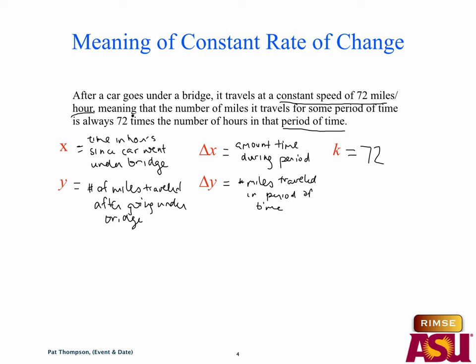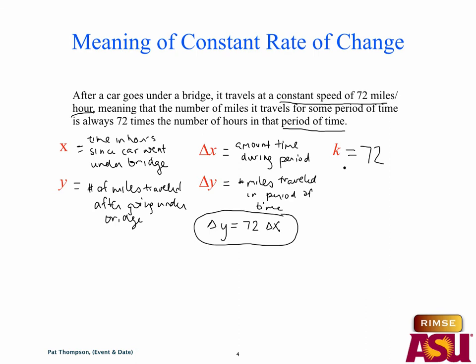So what this whole sentence is really saying is that the number of miles traveled in some period of time is 72 times the amount of hours you travel in that period of time. So this is our handy dandy go-to formula for constant rate of change.